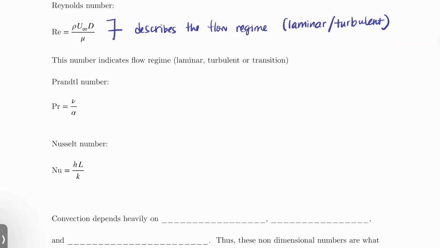The next number that we're going to care about is the Prandtl number. And this number is a ratio of the viscosity over the thermal diffusivity. So this is our viscosity, which you can think of as momentum diffusivity, divided by the thermal diffusivity.